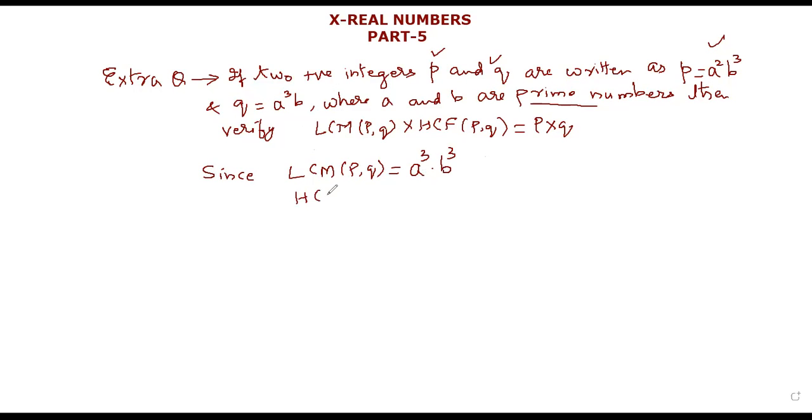And in HCF, we are taking the minimum power of the common number. So common is a, and its minimum power is a squared, and b is common, and minimum power of b is b to the power 1. So this will be the HCF and LCM. Understood?